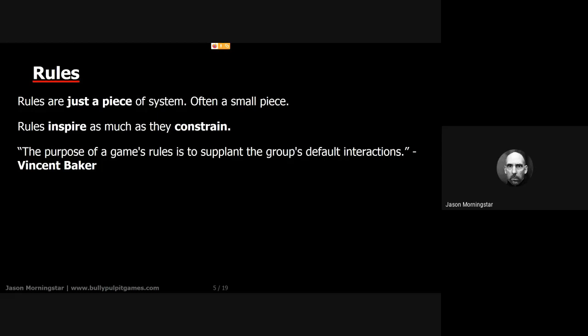That's so smart, because you and your friends know how to do something. You know how to achieve things. You know how to be creative together and have fun together. So when you overlay rules on top of what you and your friends already know, which is of course part of the system, they're going to provide you with a new set of interesting constraints and inspirations.